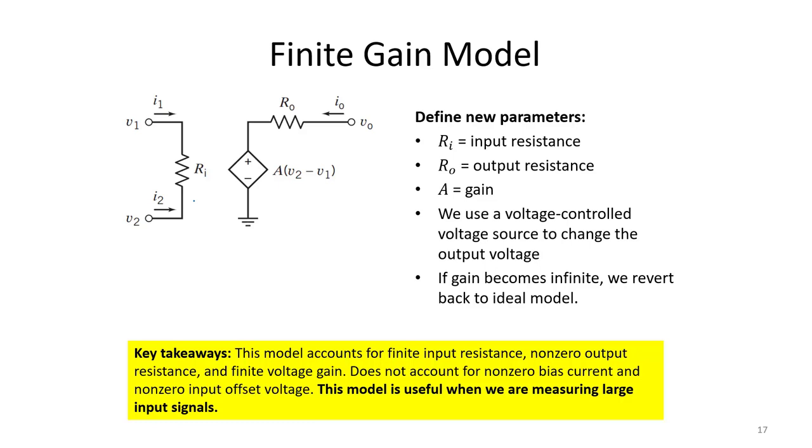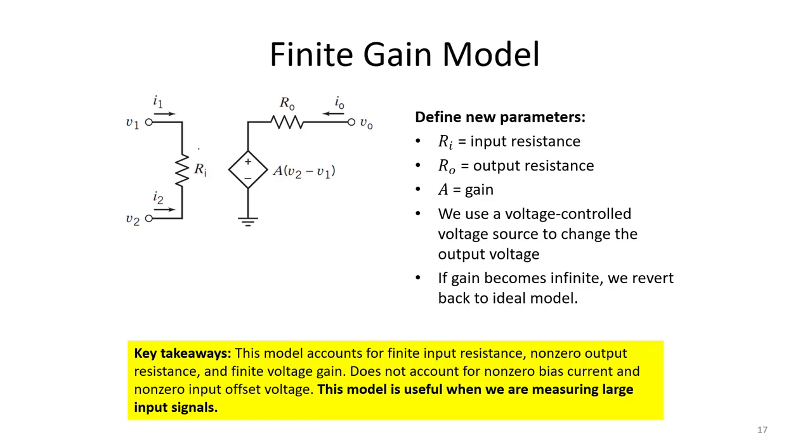But in real life, we cannot have an infinite gain for a voltage-controlled voltage source. Eventually, a source can only provide so much energy before it maxes out or saturates. And so when we use the finite gain model, we're able to account for the fact that our gain and the signal we're able to produce in our output cannot become infinitely large.